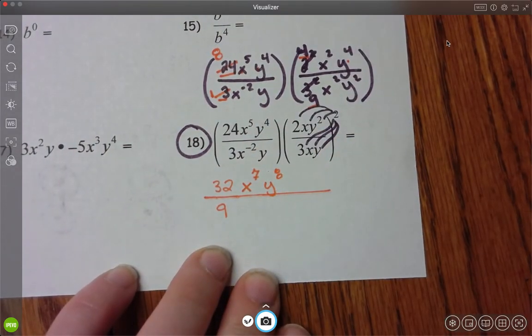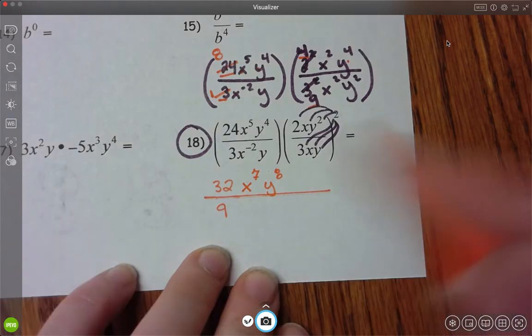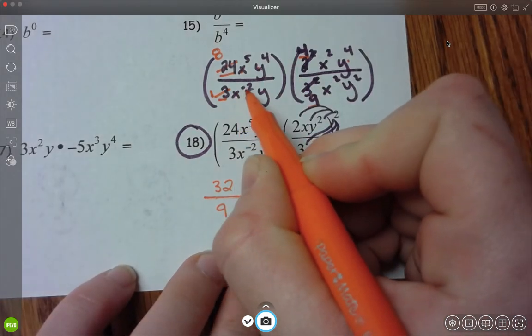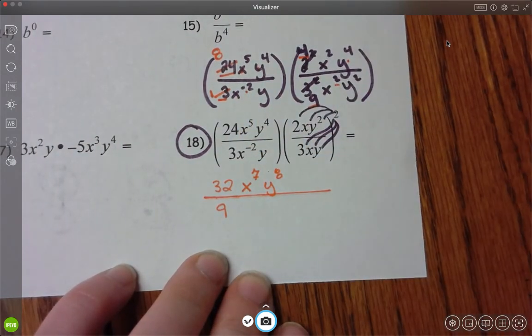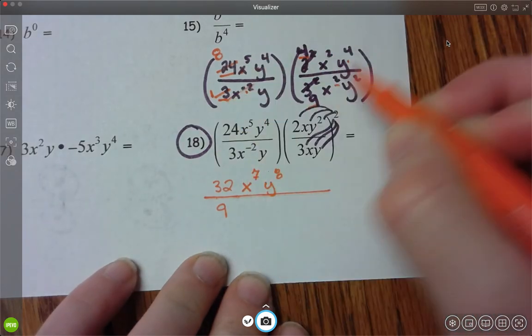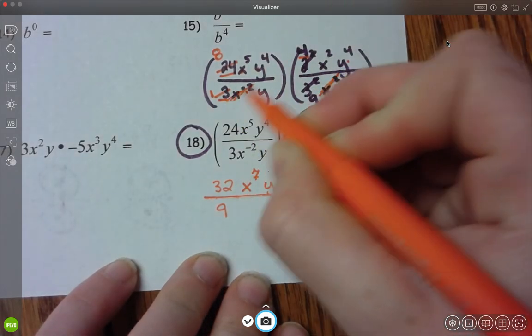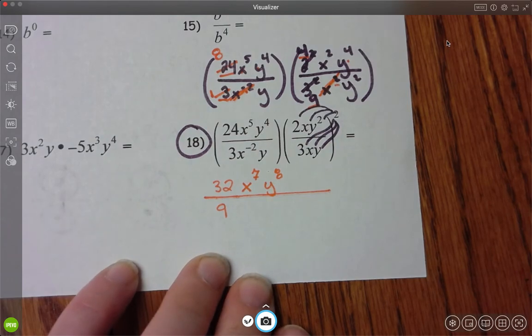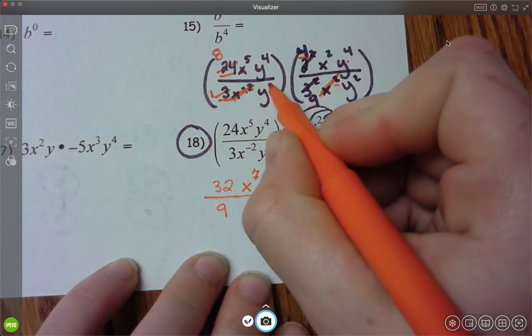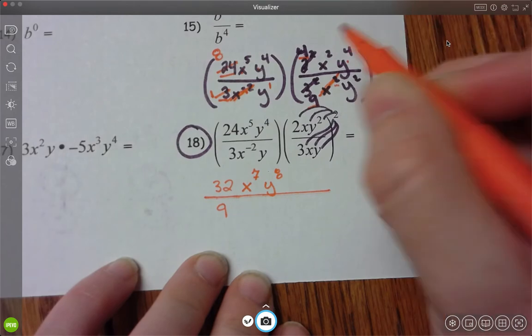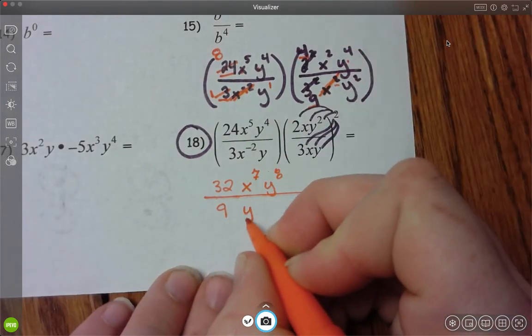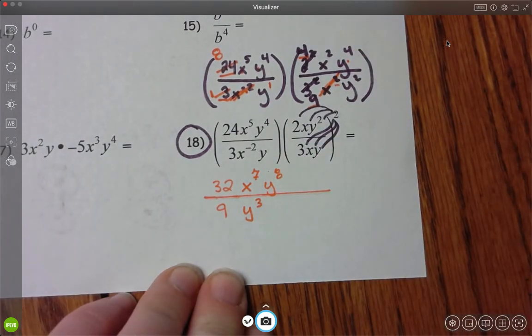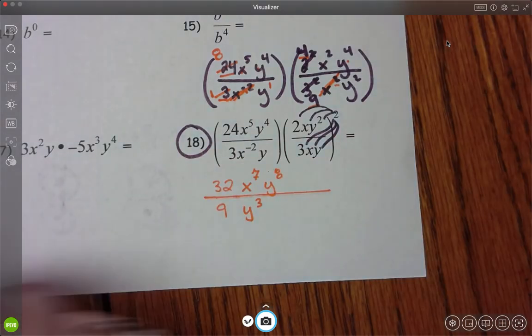Okay, and then on the bottom, for x's, I have -2 and I have +2 x's. And since we're adding -2 plus 2, well, those guys will just cancel out. So I will have no x's in the bottom, so that's kind of nice. And then for y's, this is y to the first power, really. I have y to the second power, so that'll give me 3 y's on the bottom. Okay. Now the only thing that I have left to put together will be my y's here.